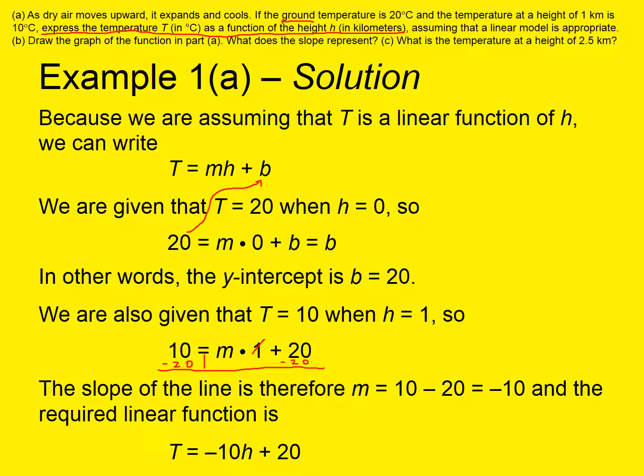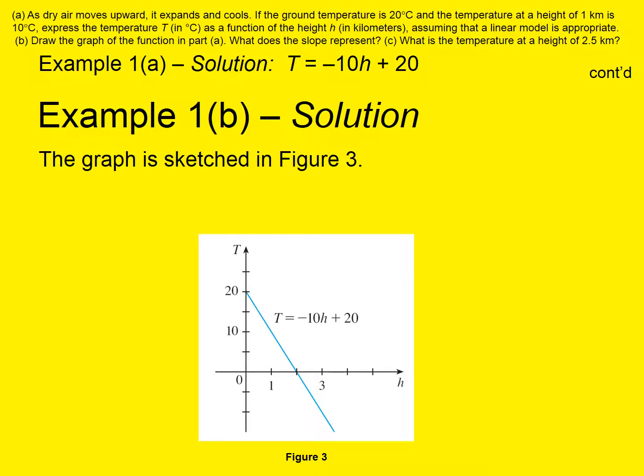So part B, draw the graph of the function in part A. What does the slope represent? Okay, so here's a graph. Here's the graph that you have when y-intercept is 20 and the slope m is negative 10, which is negative 10 over 1.